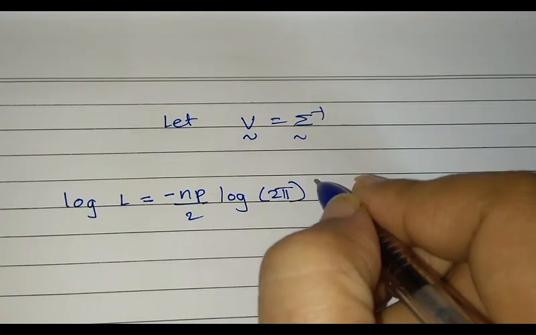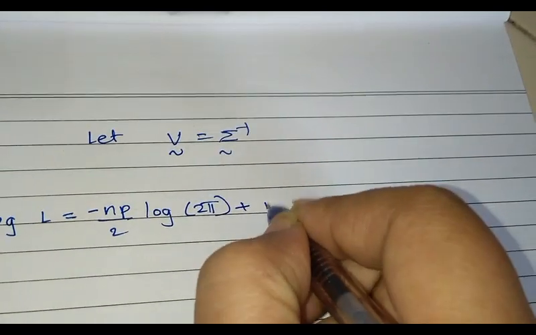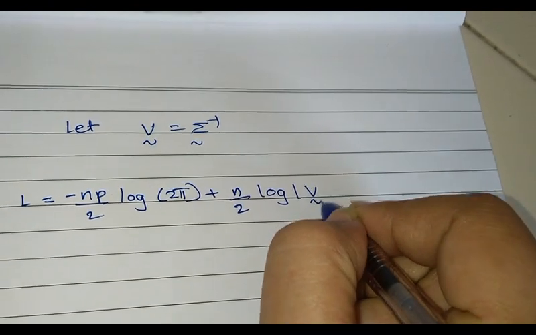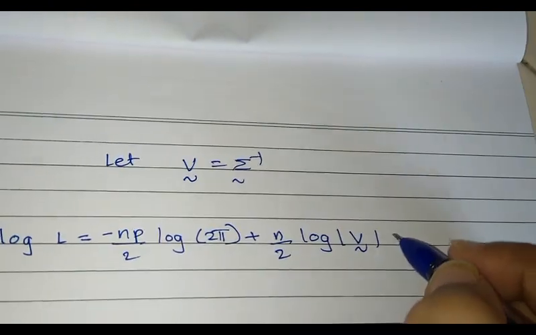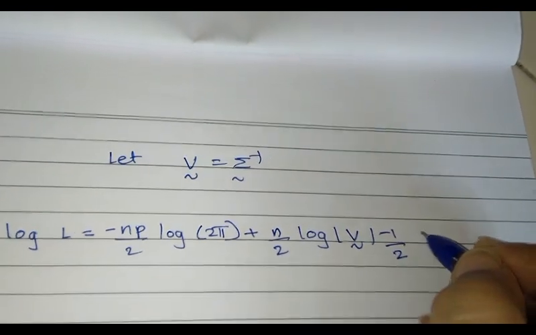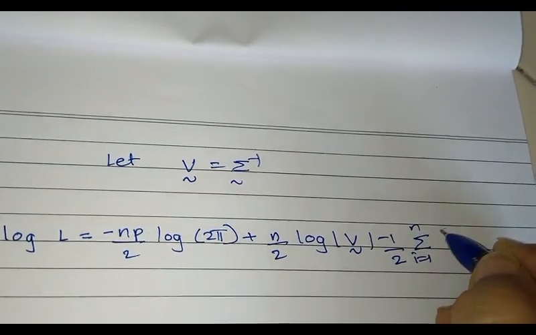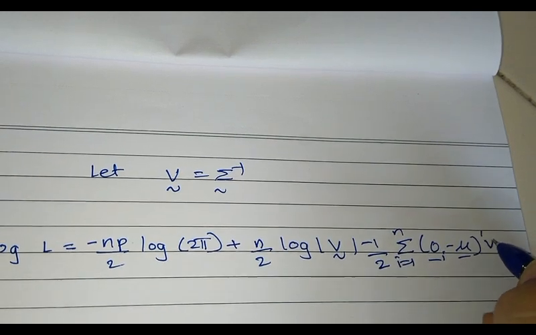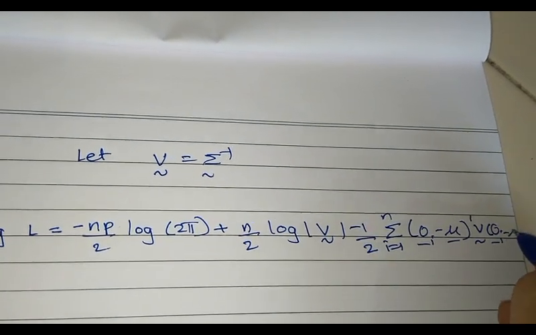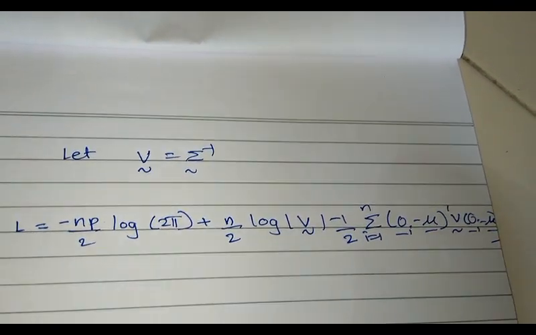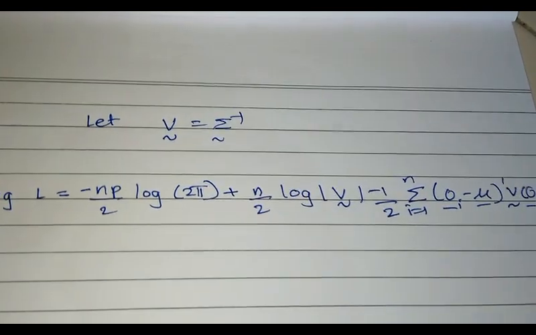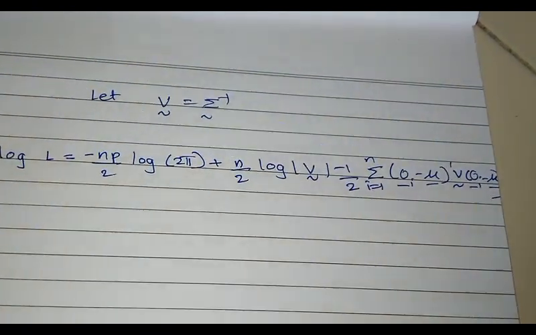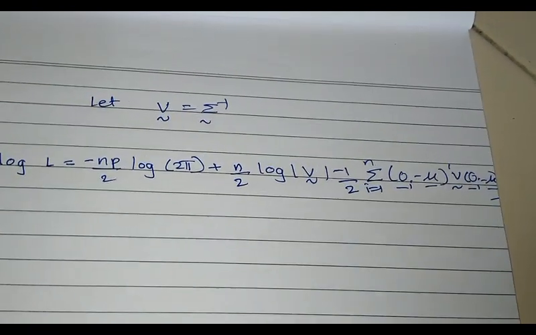So I would have plus n by 2 log of determinant of V, and then minus half summation i going from 1 to n of (o_i minus mu) prime V (o_i minus mu). Okay, so we will try to differentiate this log likelihood now with respect to the ijth component of V.